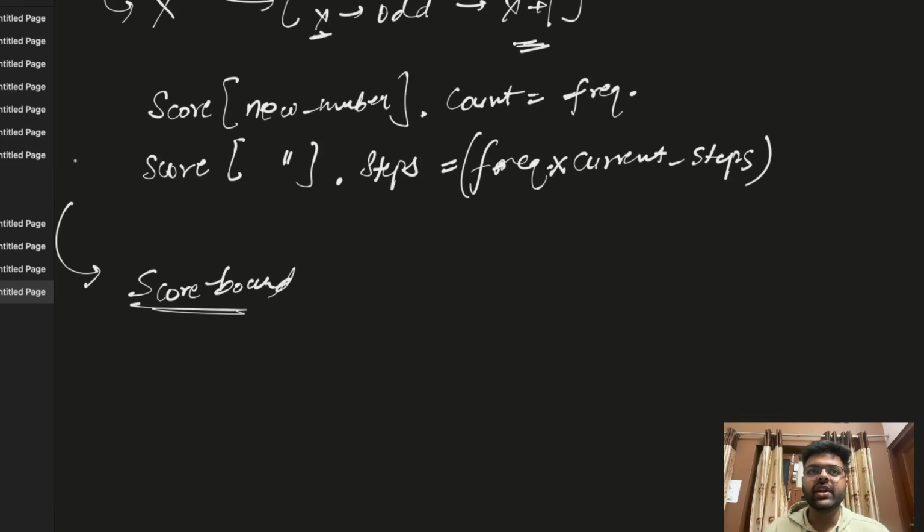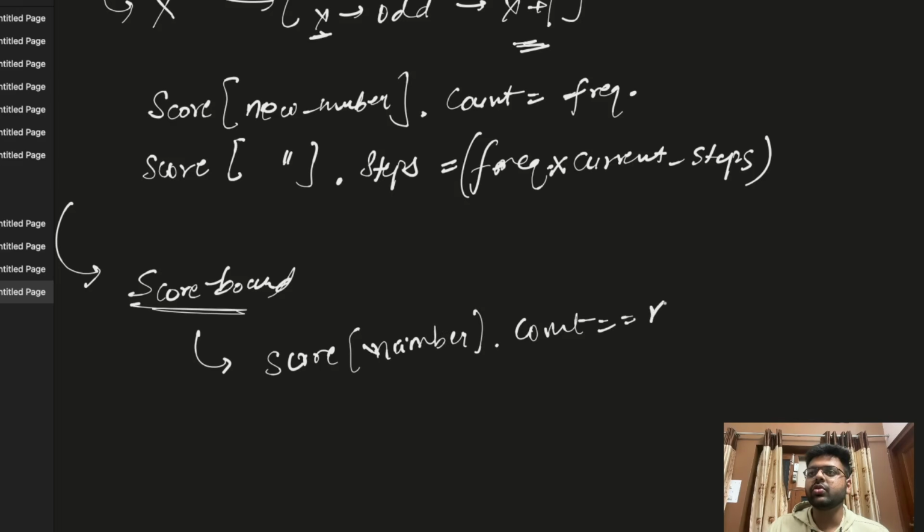After this, when you iterate over the final scoreboard, you would only consider those numbers whose count, score of numbers dot count, has reached n, because only then can we say that all n numbers converge to a particular point. If the count is equal to n, you go and find the minimum steps.